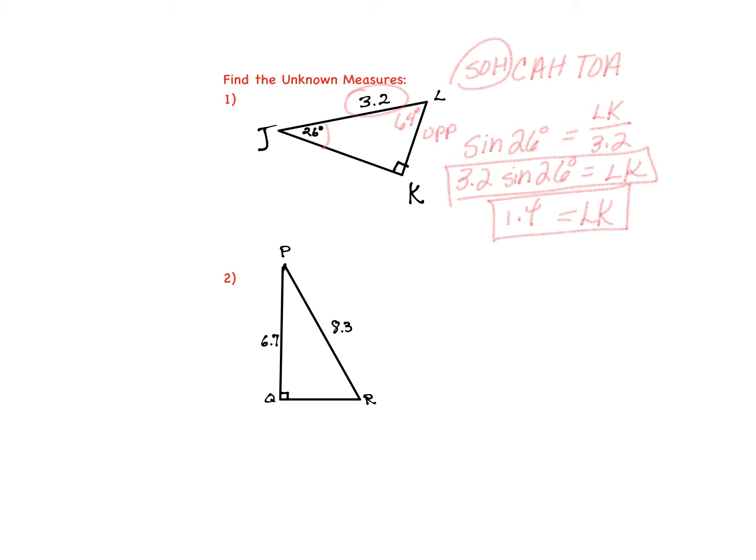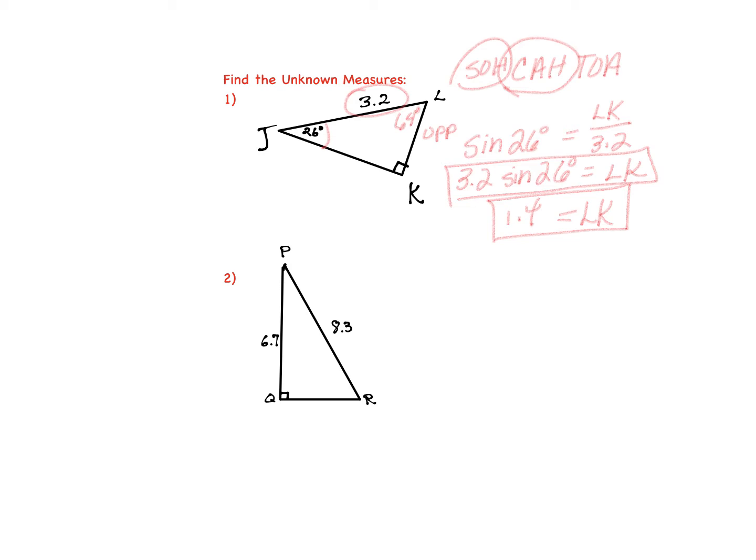All right, so then the next side that I have to find is JK. And looking at that, I can see that I have 26 degrees and that JK is my adjacent side. So I could use the cosine, because cosine is adjacent over hypotenuse, right?